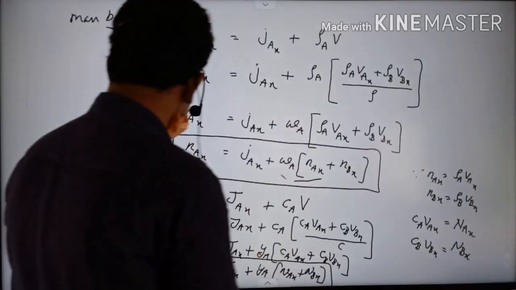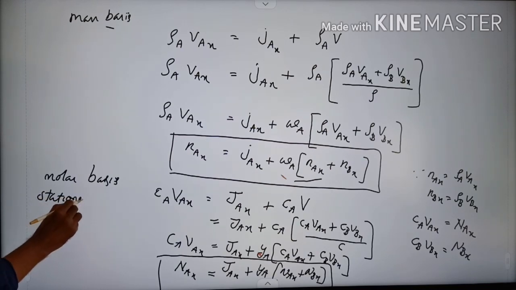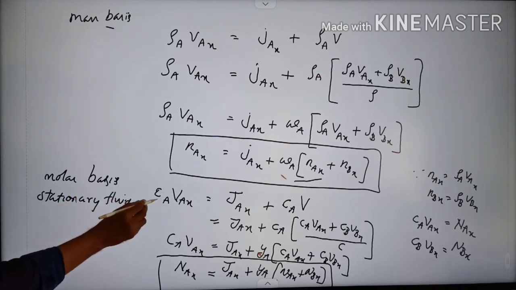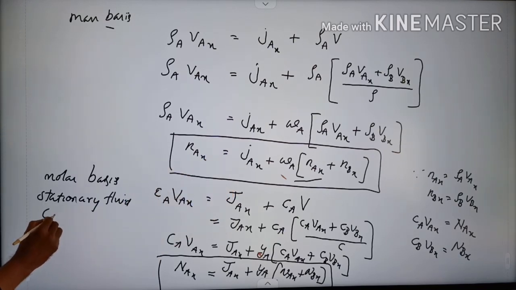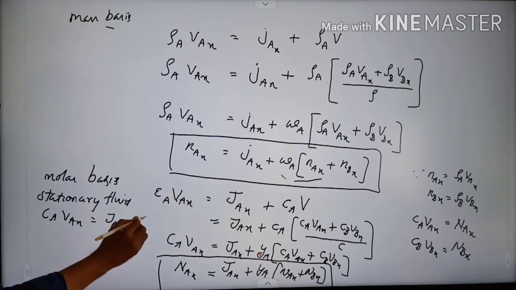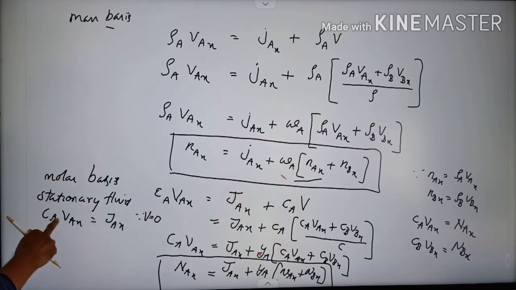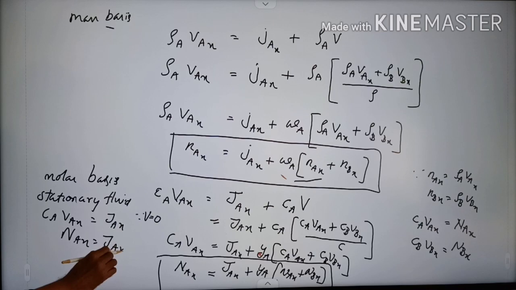I will write for a stationary fluid. Then NAX is equal to CAVX plus Jx, and since capital V is 0 for a stationary fluid, NAX is equal to Jx, capital N is equal to Jx.